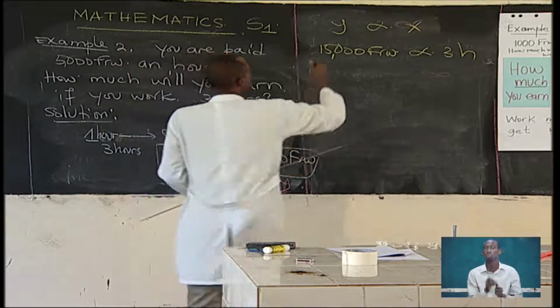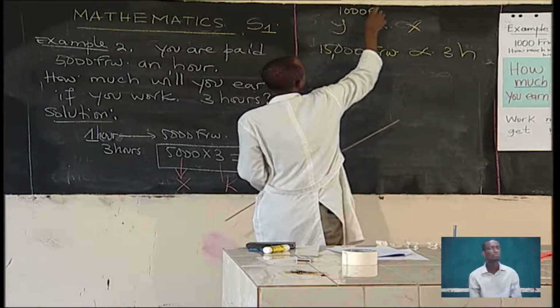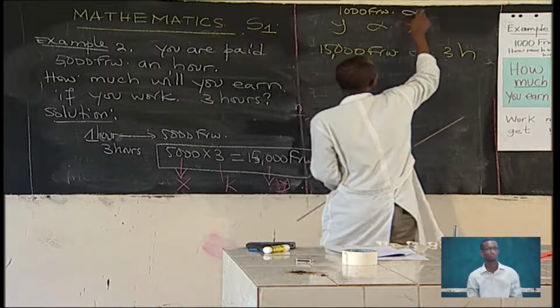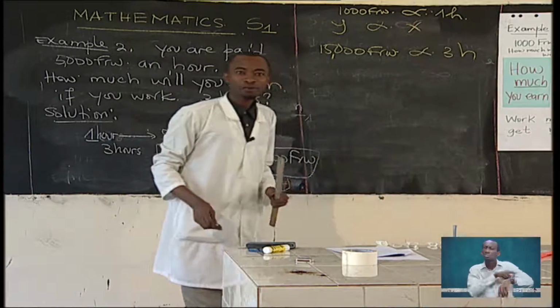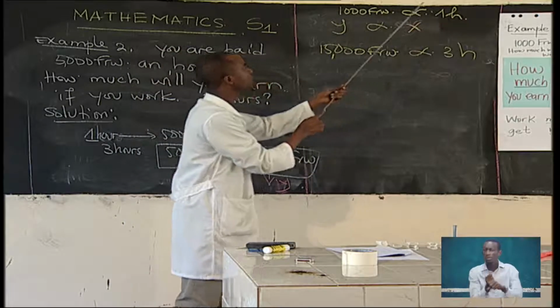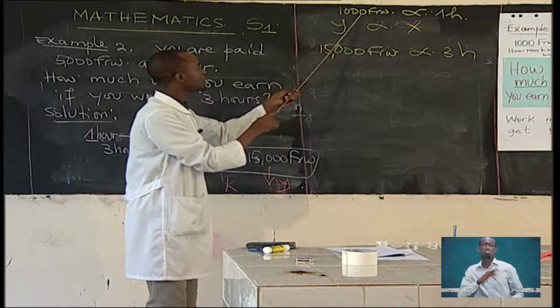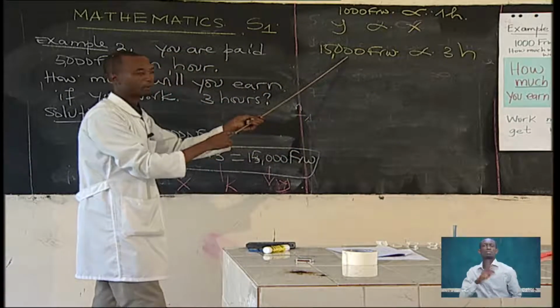You had the 5,000 francs, which was proportional to 1 hour. Do you see how they are proportional? If we work only 1 hour, you will get 5,000. If we work 3 hours, you will get a payment of 15,000.